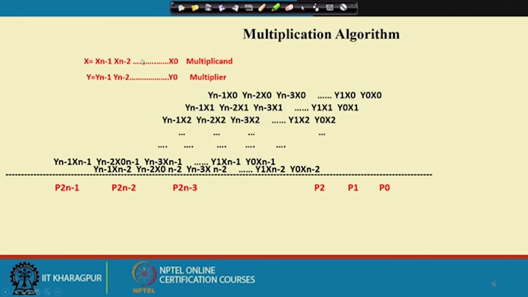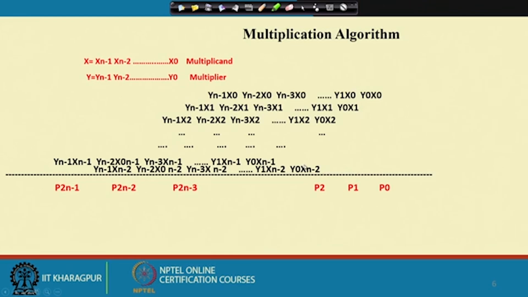Sorry, here just the opposite: x0 is the multiplicand and y0 is the multiplier. So, x0 will be multiplied with all the bits of y. Okay. So, x0 is multiplied with y0, then x0 is multiplied with y1, up to y n minus 1, and that has been reported in the first row.